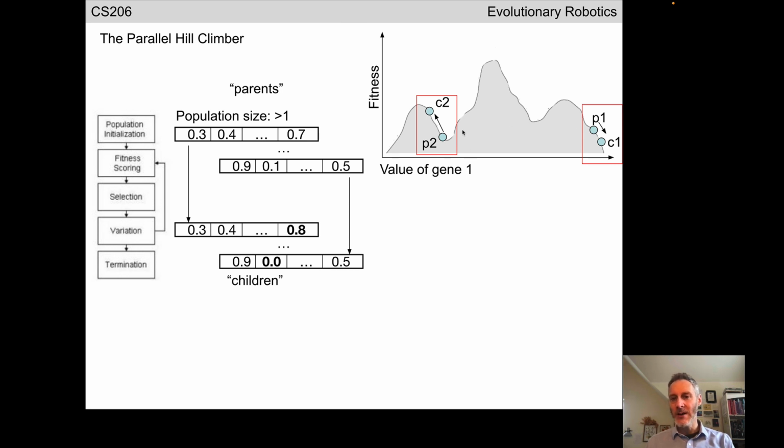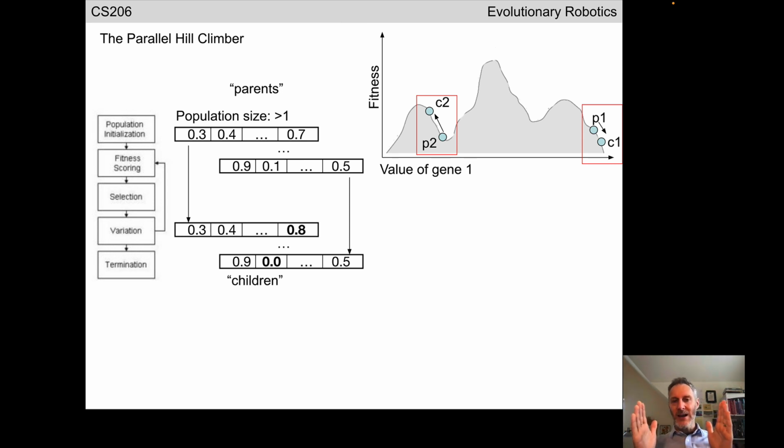So we have parent 1 and parent 2. We've initialized all the gene values with random values, which means P1 and P2 each fall at random horizontal positions in this fitness landscape. We compute the fitness of these. P1's a little bit better than P2.